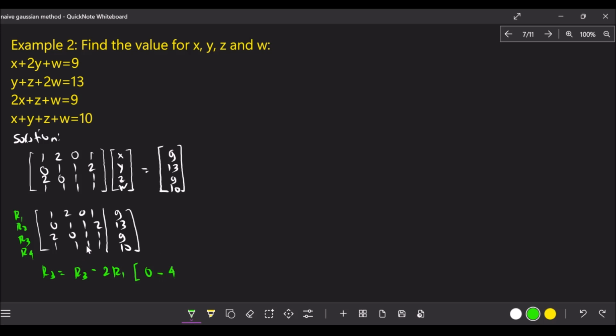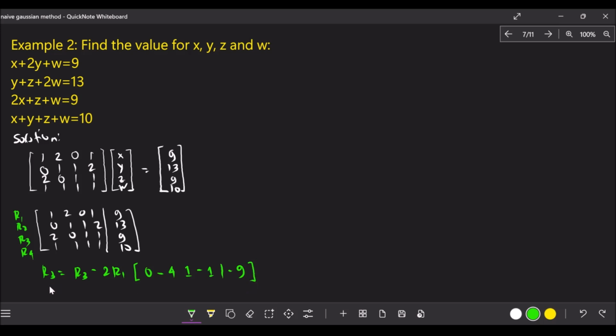Then 1 minus 2 times 0, so that will be equal to 1. Then 1 minus 2 times 1, so it will be negative 1. And for the constant, we have 9 minus 2 times 9, which is 18, and that will be equal to negative 9.